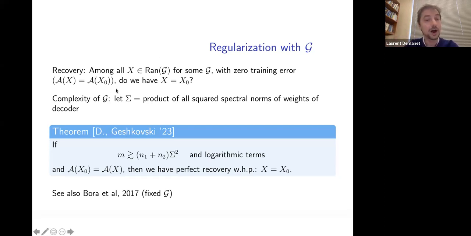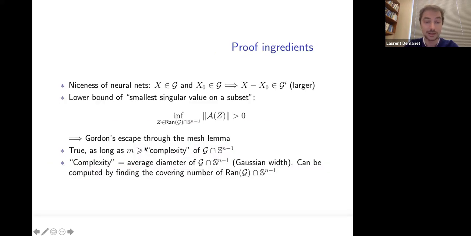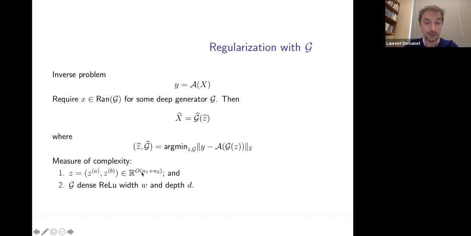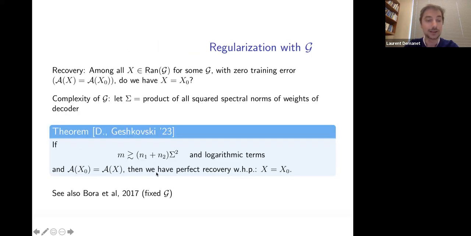The complexity of the latent variables, again, is that they are in a low dimensional space, in R to the N1 plus N2. And the complexity of the generator is going to be, morally speaking, the Lipschitz constant of it. And we can mathematically use sigma to be the product of all squared spectral norms of the weights of the decoder, and it's a quantity that's independent of N1 and N2, the dimension of the latent variables that feed into this network, because of an effect of large sample sizes and convergence there.